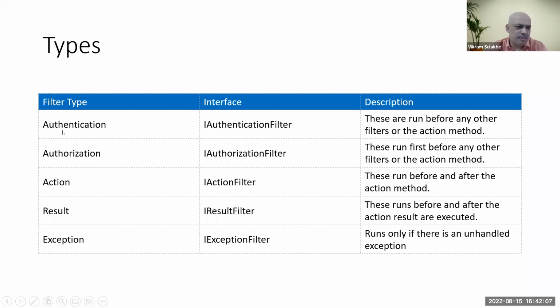If you want to write, for example, an authentication filter, you'll need to implement the IAuthenticationFilter interface, and an authorization filter will implement the IAuthorizationFilter interface. Similarly, an action filter will implement the IActionFilter interface, a result filter the IResultFilter interface, and an exception filter the IExceptionFilter interface. If you look, the interface names match exactly with the filter names out there.